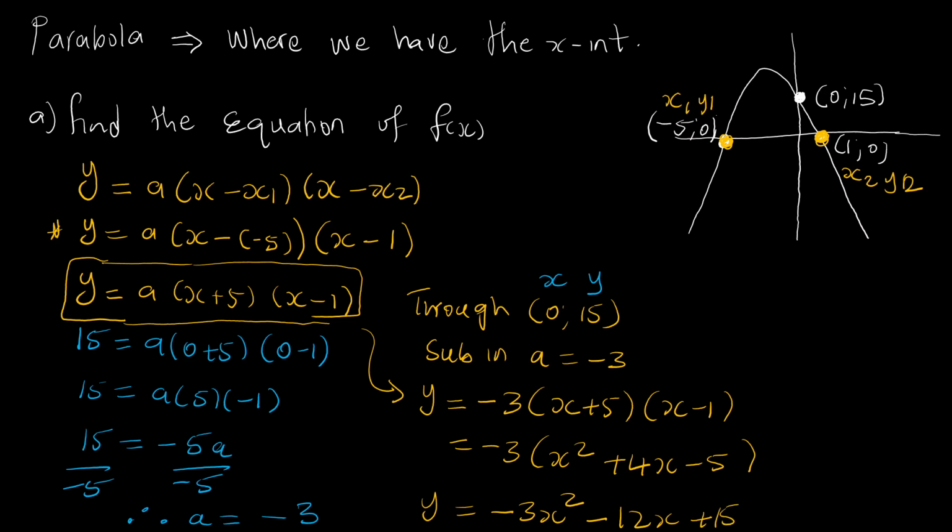So we've managed to find the equation of this graph in quadratic form. Right, so now let's answer the following questions. We're going to use this equation. I'm just going to rewrite my equation down, then we'll try to answer the following questions that we can expect to get from an exam.